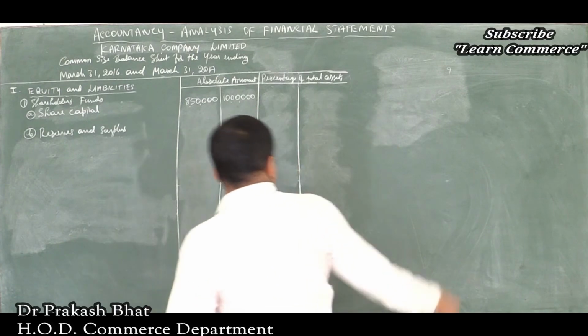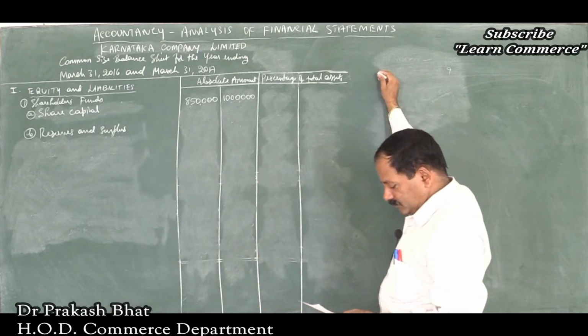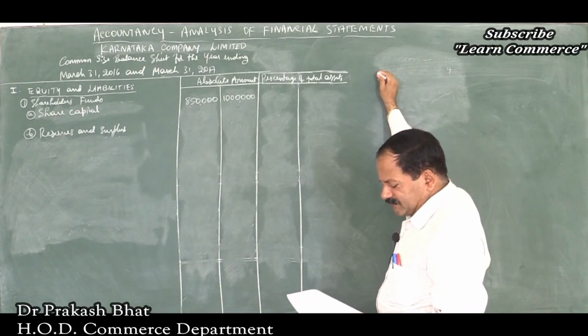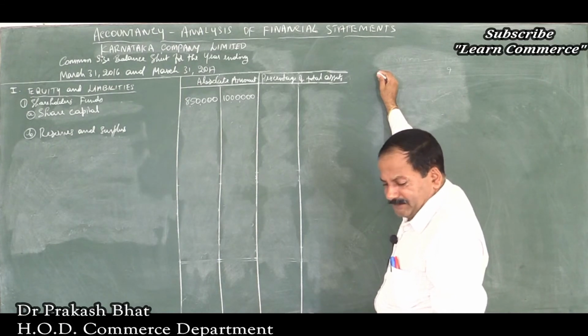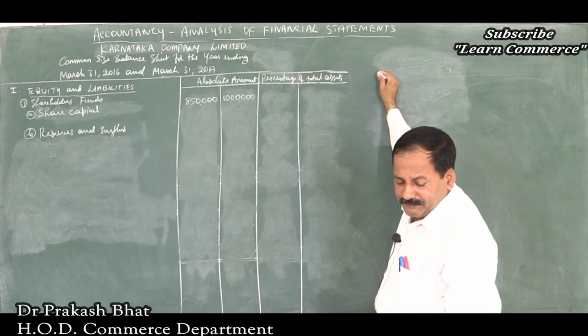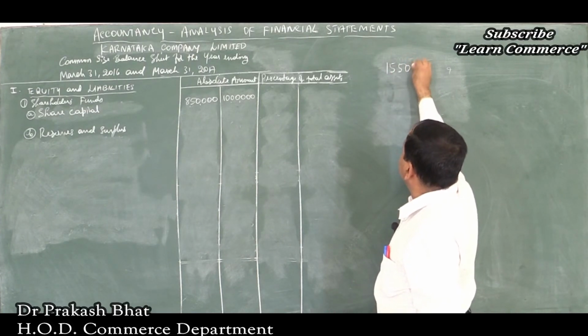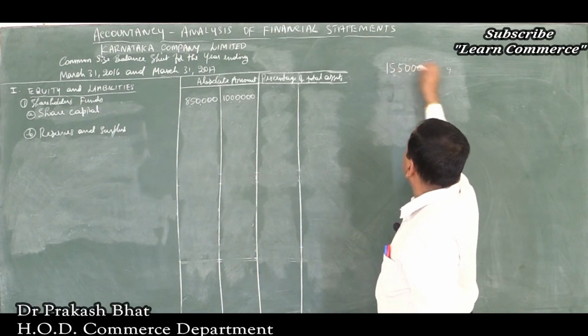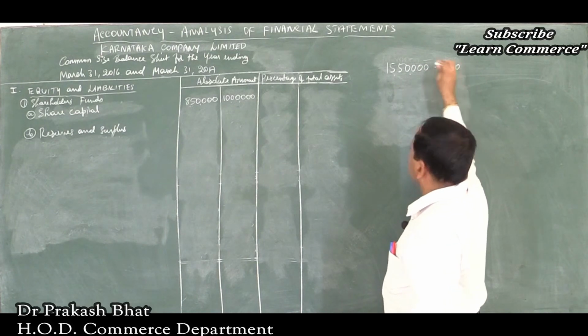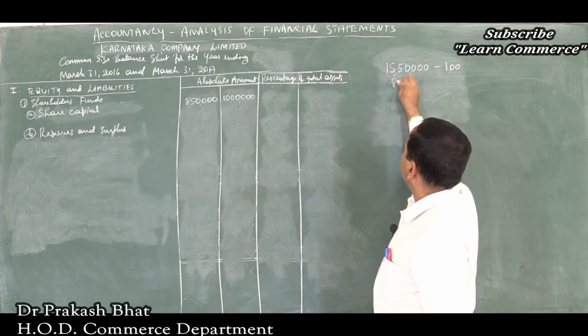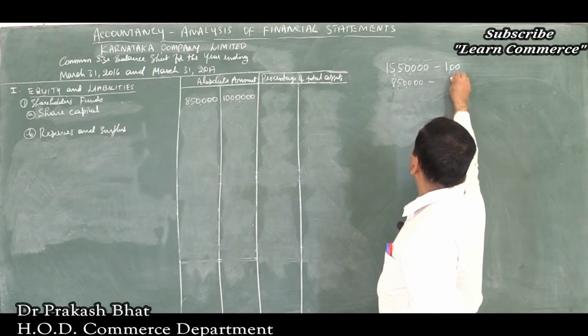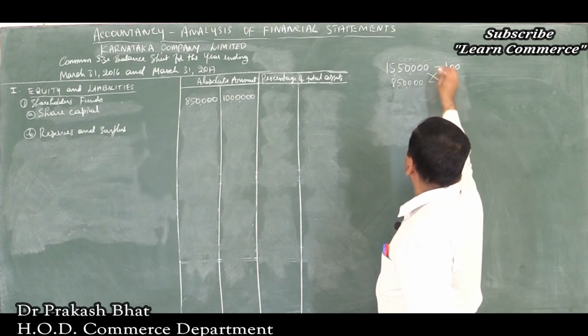Remember friends, here total assets is 15,50,000, is that correct? 15,50,000 means 100, so 8,50,000 means how much? How much? So cross multiplication.